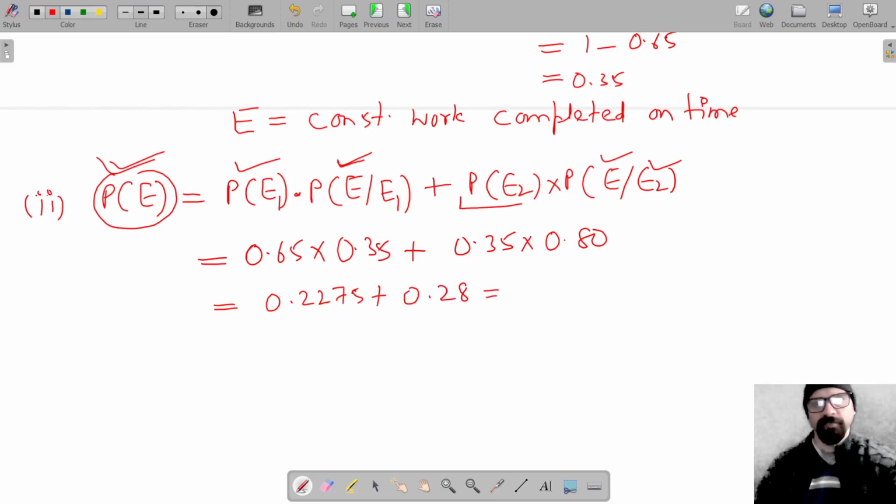So we have to add 0.2275 and 0.28, which gives me 0.5075, and if we round it to two decimal places, this will be 0.51.